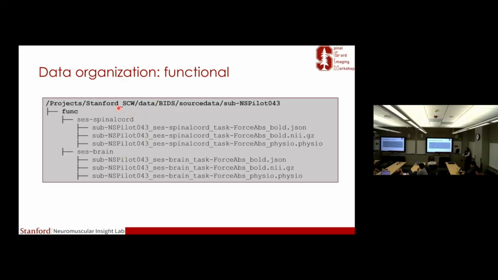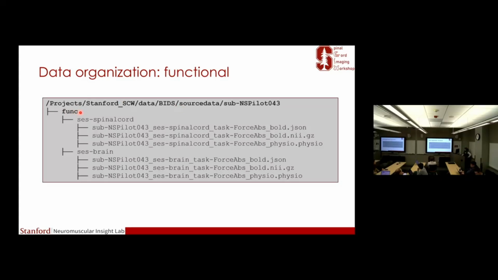So let's look at the data that Christine acquired with her corticospinal fMRI sequence with the force matching experiment, and how we would organize that. As you can see, the BIDS data is organized in a way that there's source data where you put your NIfTI files, and this is the data that you basically don't touch, and then you put all the derivatives of this into a derivatives folder.